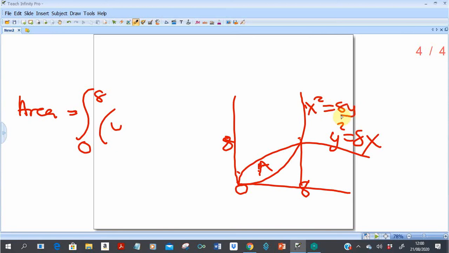So the one that is on top, that is your y1. Remember, we're looking for a y function, not y squared. So that function will be root of 8x minus the other function in terms of y, it is x squared over 8 dx.